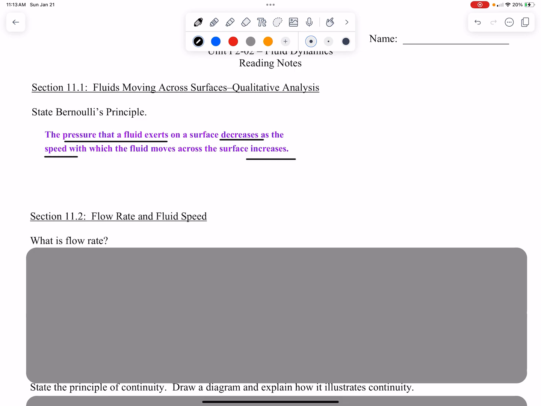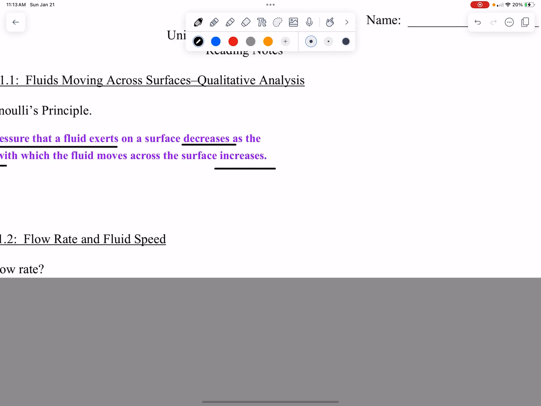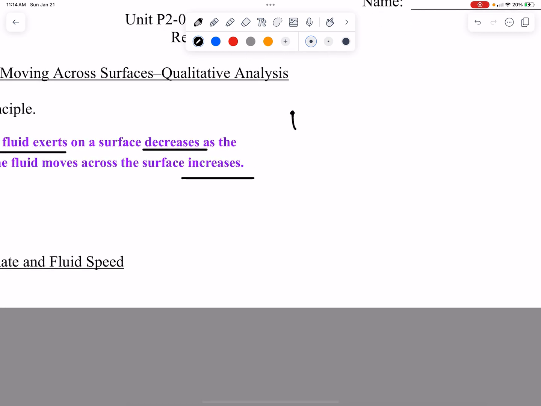So in other words, pressure is going to be less when the fluid speed is greater, and there's going to be higher pressure when the speed is lower.